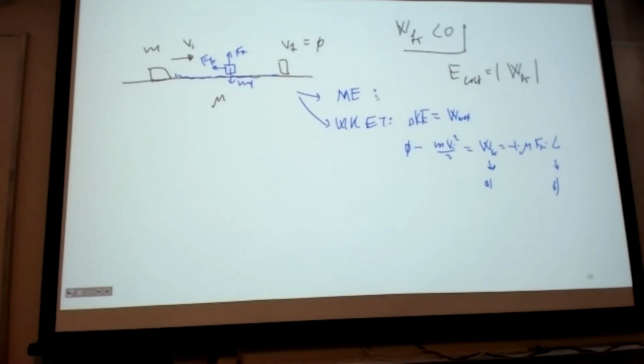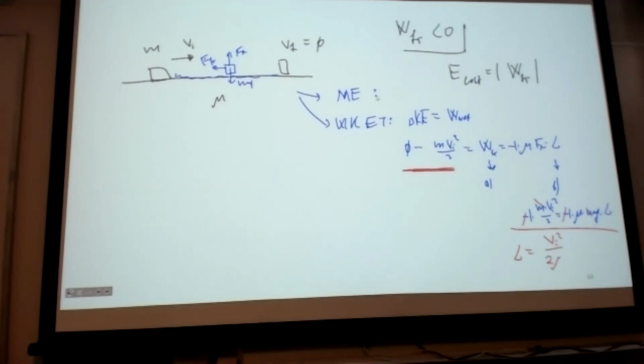For part B, you have to solve an equation. -1 times mass times initial speed squared divided by 2 should be equal to -1 times coefficient times normal force times distance. So I don't know what you did wrong, but if you do it right, you must get a positive result.